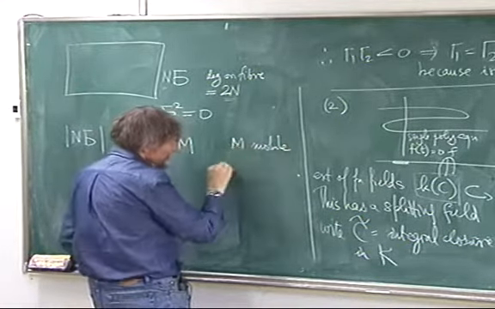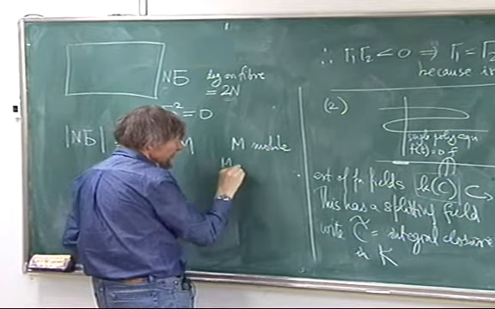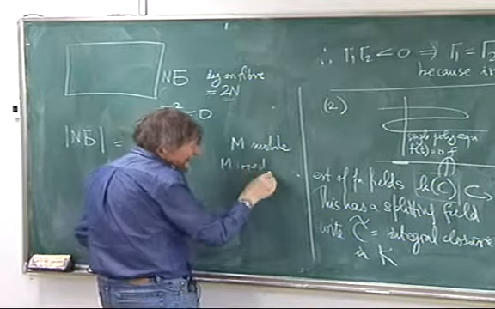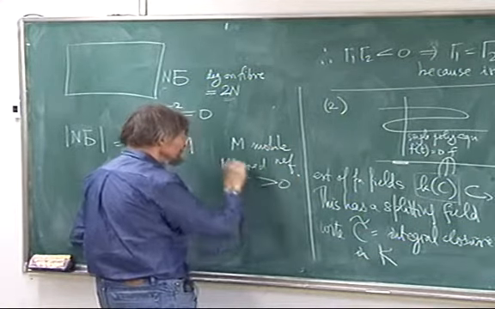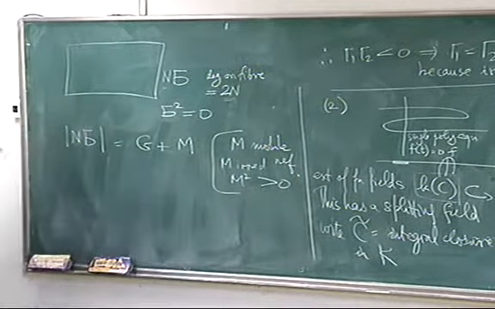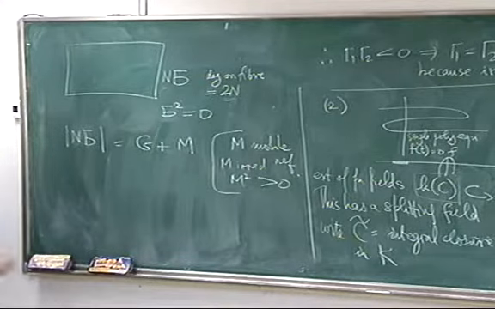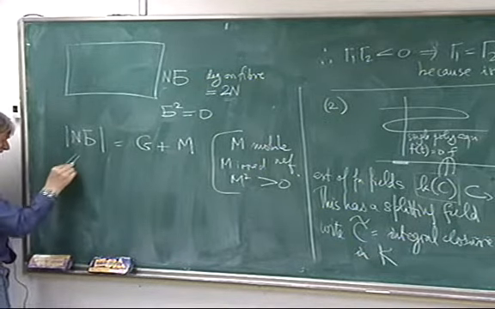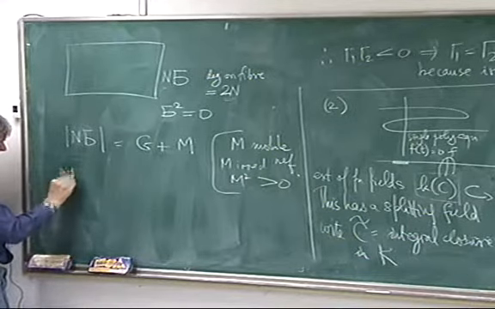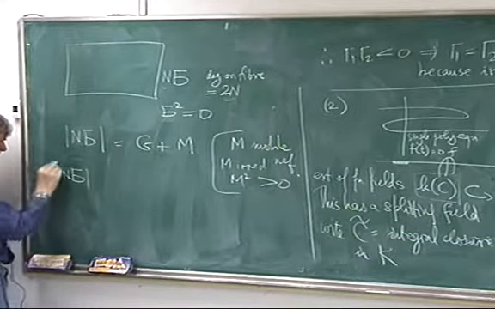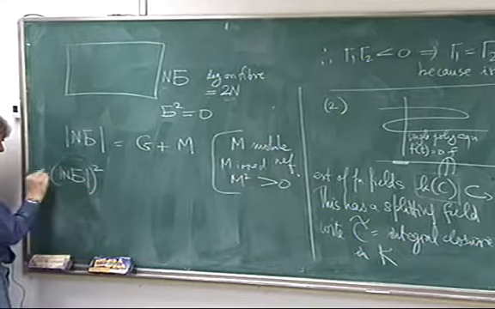So I can assume that M is irreducible, or at least nef, and M squared is positive. If I take the square of the left-hand side, nB all squared, this is certainly 0.